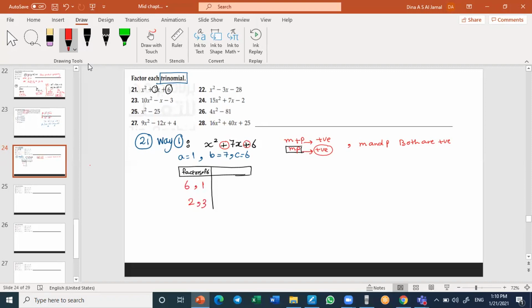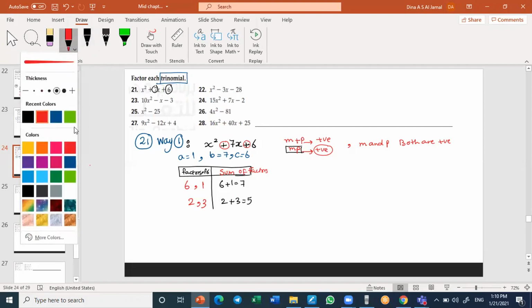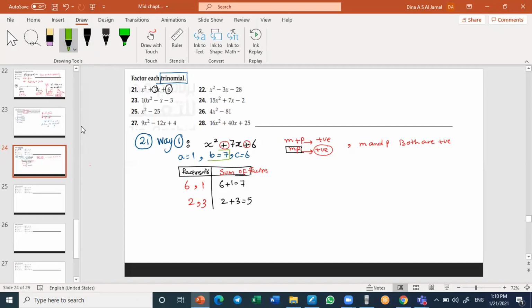Now, let's sum these factors. If you add 6 to 1, it will give you 7. If you add 2 to 3, it will give you 5. That means you want the factors that, if you add them to each other, give you your B. So this is right, this is wrong.